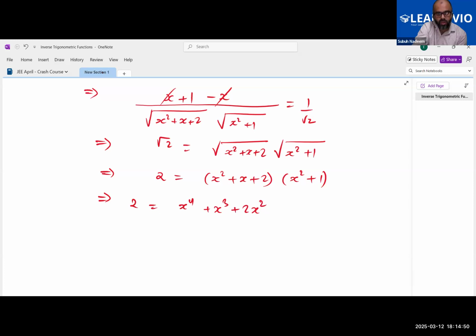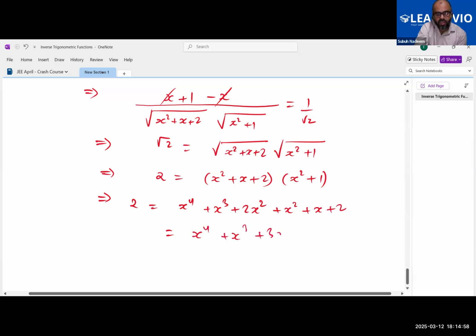When we multiply with x square, then x square plus x plus 2, it will become x to the power 4 and then x cube and then 3x square. Then we have x and then we have 2. This is 2. It gets cancelled.